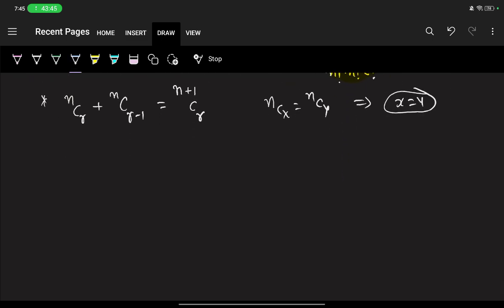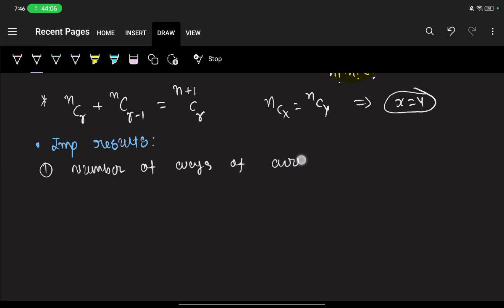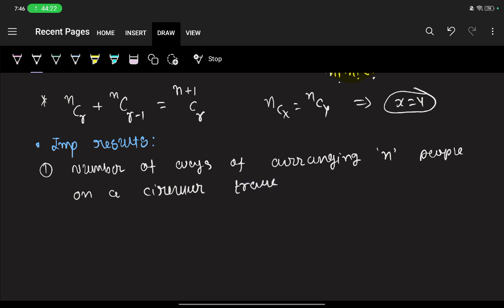The number of ways of arranging n people on a circular track, or you can say for circular arrangement, the value is (n minus 1) factorial.